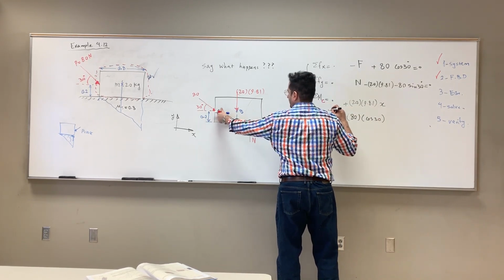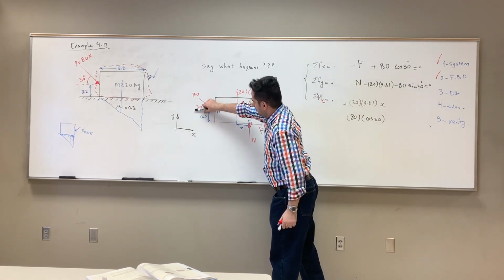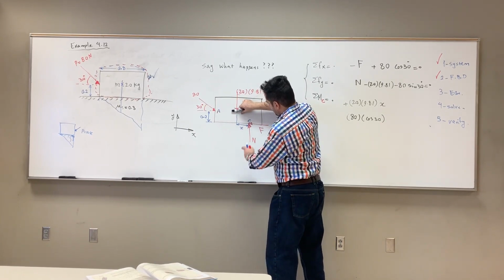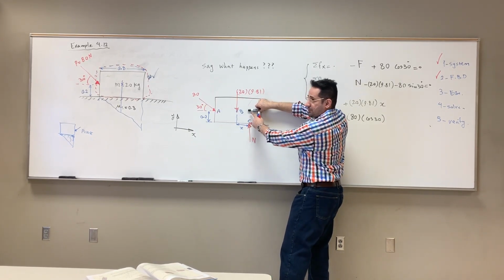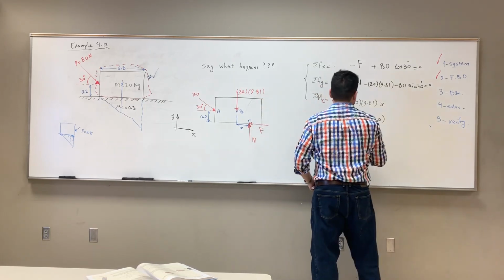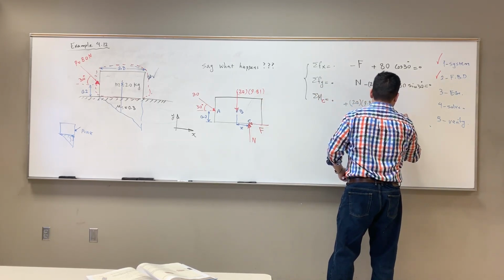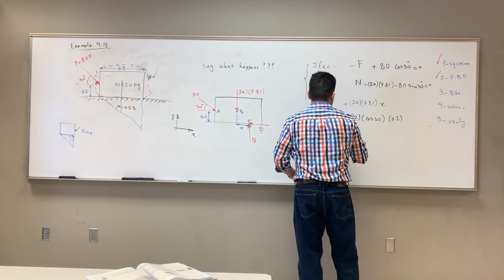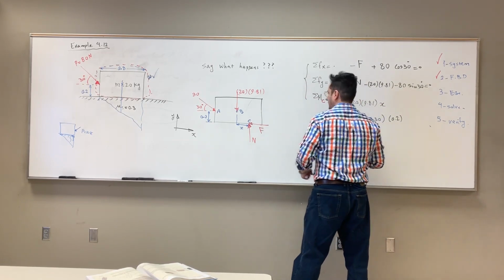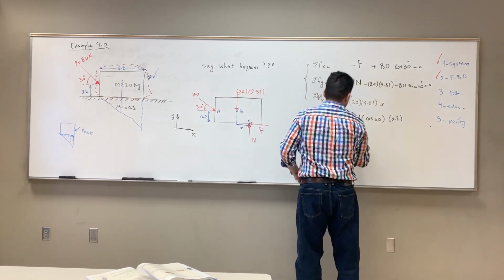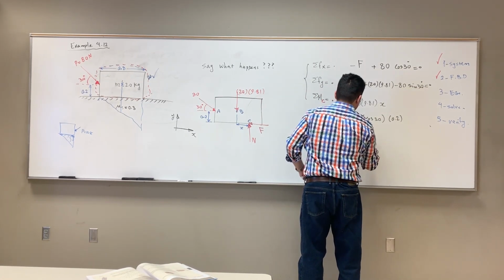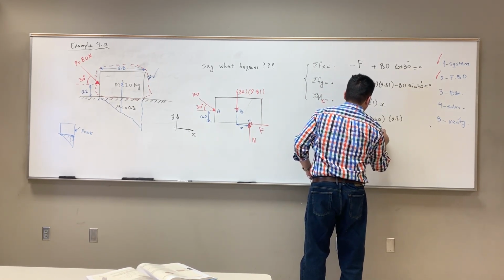And then move it. Where should I move it? Right here. So the moment arm is from here to here, which is equal to 0.2. Positive or negative? Negative. Then the vertical component, which is 80 times sine 30.